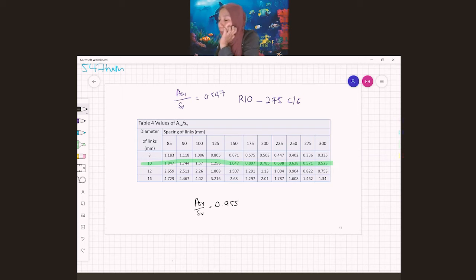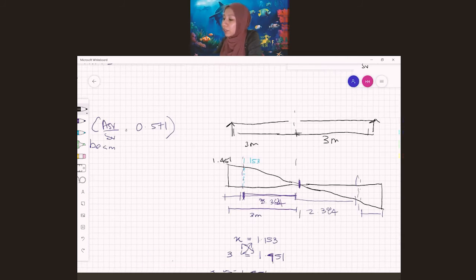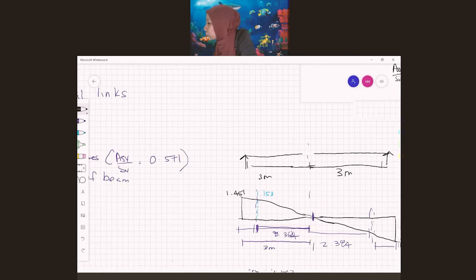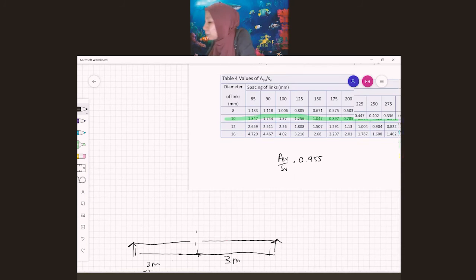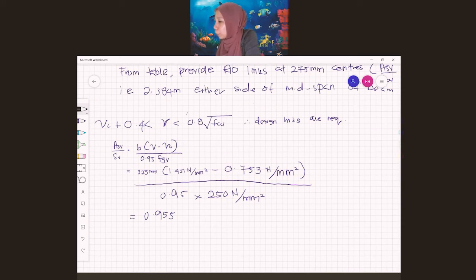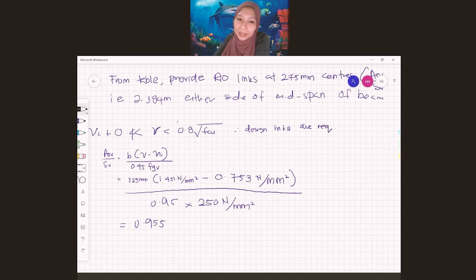Because kalau macam mana pun kita tengok number ni, kita must make sure that this value bigger than whatever that kita dapat kat sini. So 0.955, kita ambil lah this spacing 150 yang 1.047 lah dia punya ASV divide by SV. Berapa tadi? 1.047. Alright.